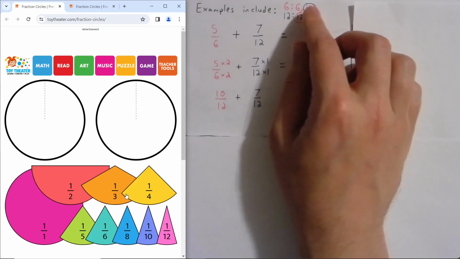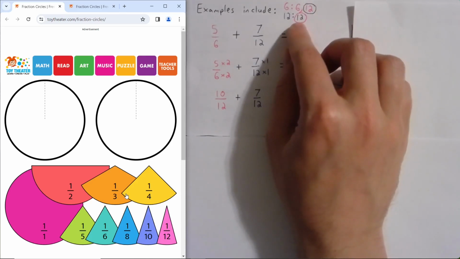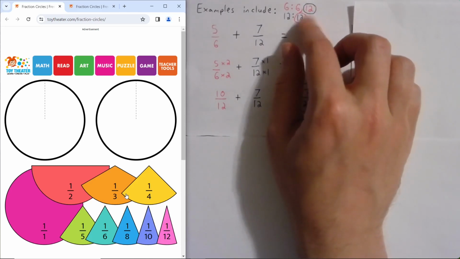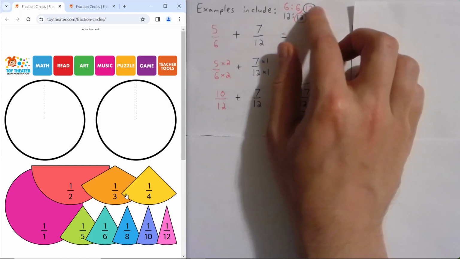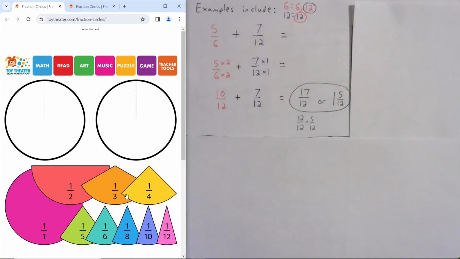But actually, the second term in that pattern for 6 and the first term in that pattern for 12 is actually 12. So 6 and 12 both go into 12. So that is the LCM, or least common multiple.